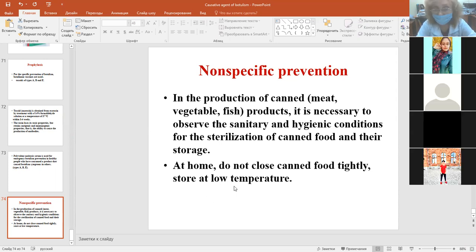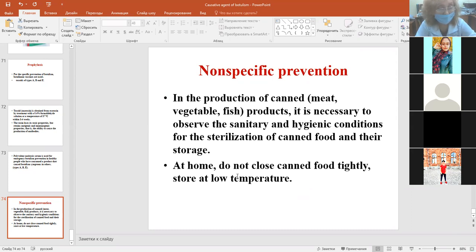In our country, it is suggested that people at home do not close canned food tightly. It is not prohibited to prepare canned food, but the advice is not to close it tightly with metal stoppers, just with plastic covers. If the canned food is closed with plastic covers, there are no anaerobic conditions. But in this case, these goods should be stored at low temperature in a refrigerator or any place with low temperature.